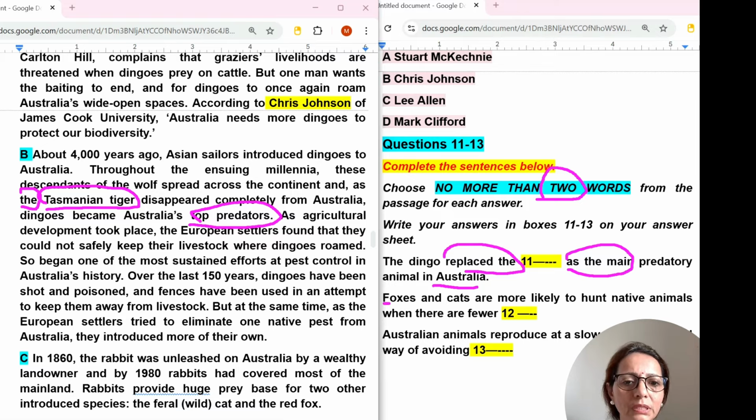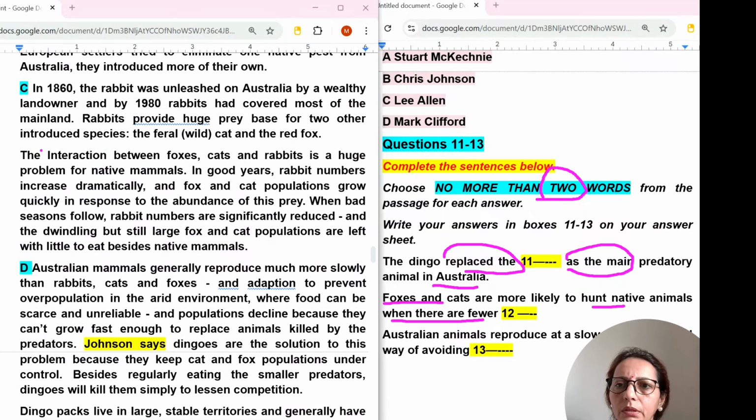Now 12th: foxes and cats are more likely to hunt native animals when there are fewer dash. Foxes and cats are talked about in paragraph C. Here rabbits have covered most of the mainland.